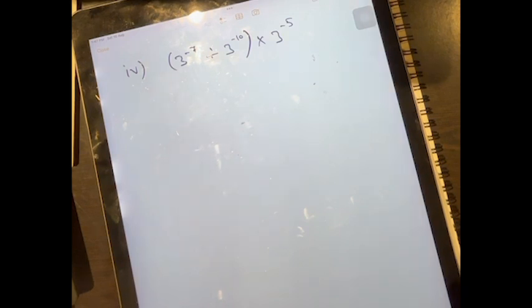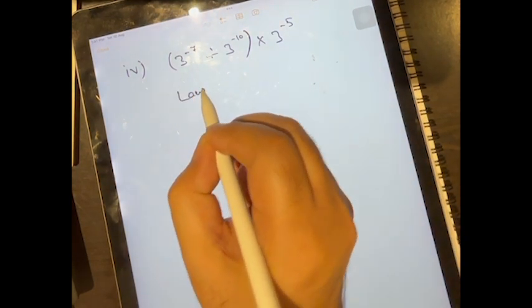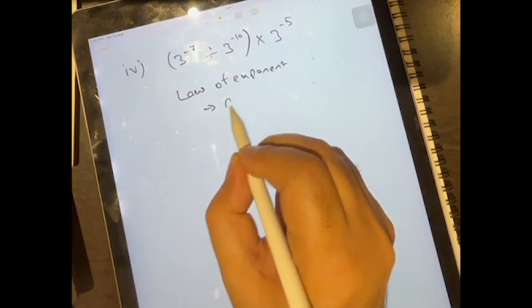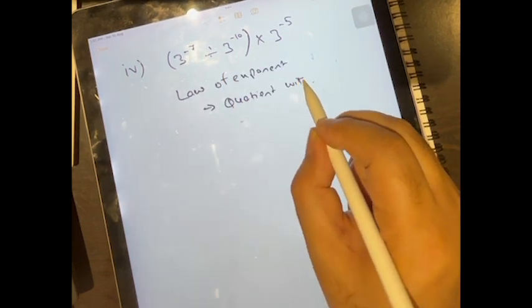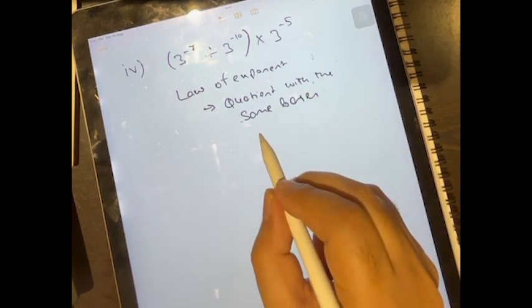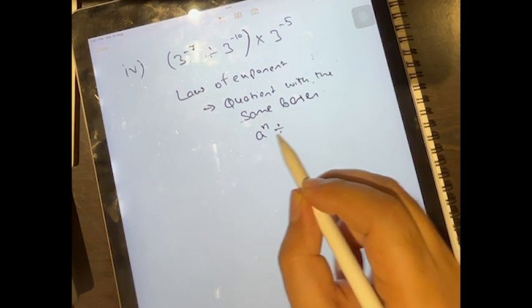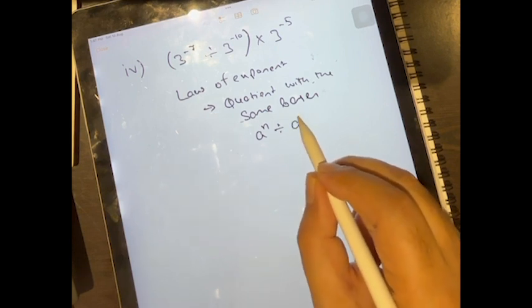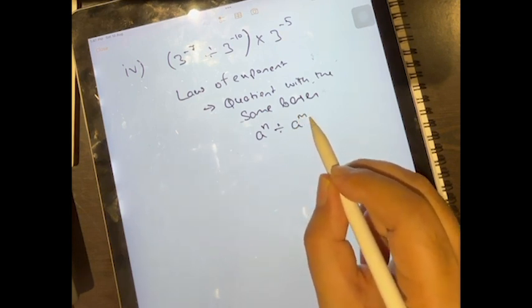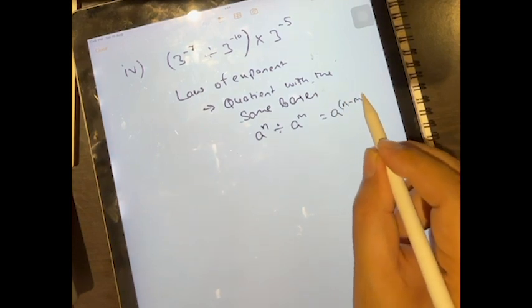The first law is going to be quotient with the same basis, law of exponent that we will apply, quotient with the same basis. In this case, a raised to the power of n divided by a raised to the power of m. We will say a raised to n minus m.